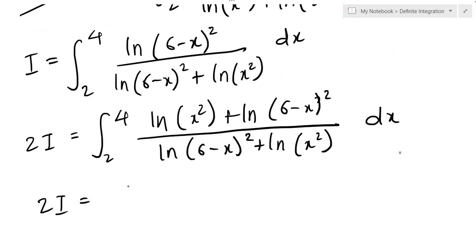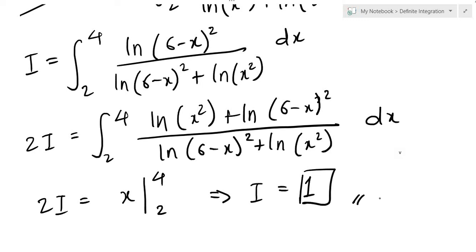And brilliantly everything just goes to 1. So just integral of 1 with respect to x is x from 4 to 2, and that's just, well, I will be nothing but 1.